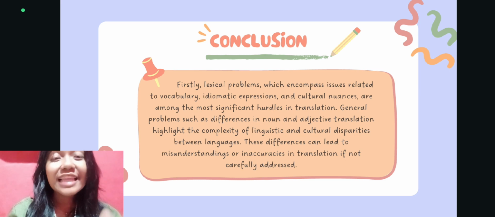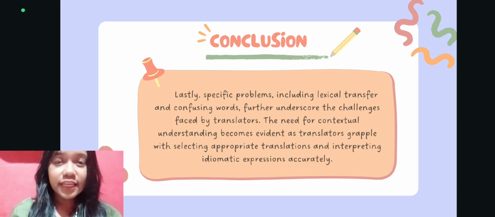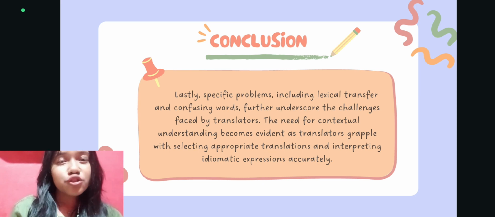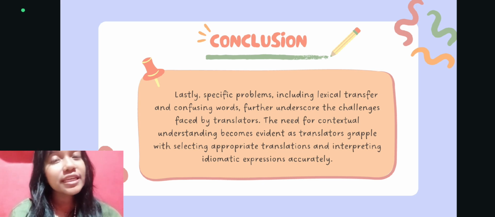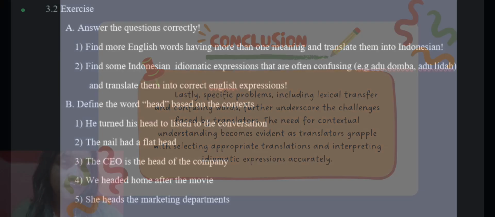These differences can lead to misunderstanding and inaccuracies in translation if not carefully addressed. Lastly, specific problems, including lexical transfer and confusing words, further underscore the challenges faced by translators. The need for contextual understanding becomes evident as translators grapple with selecting appropriate translations and interpreting idiomatic expressions accurately.